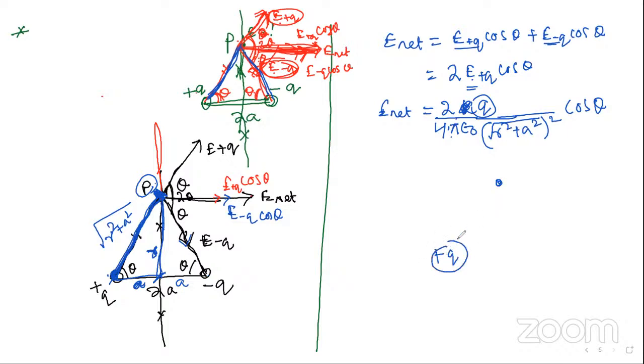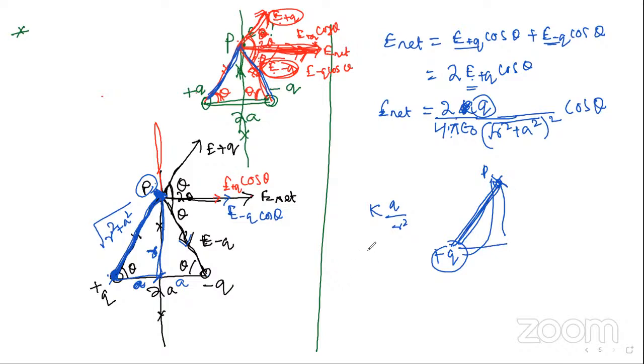If I ask you what is the distance between Q and P, will you go by this way or by this way? What will be the distance between P and plus Q? That I have to use in the formula, KQ by R square. This one is my R distance, not this, not this.